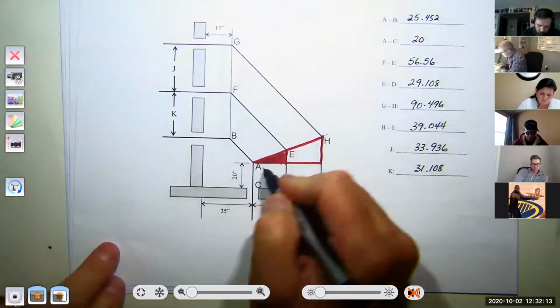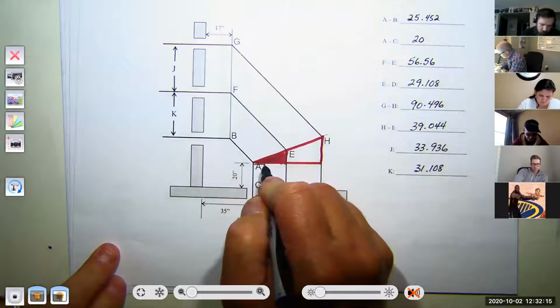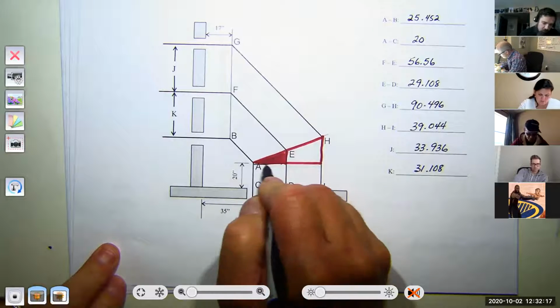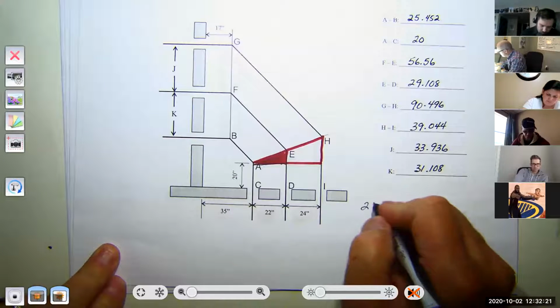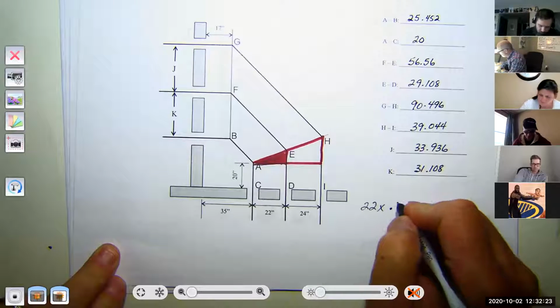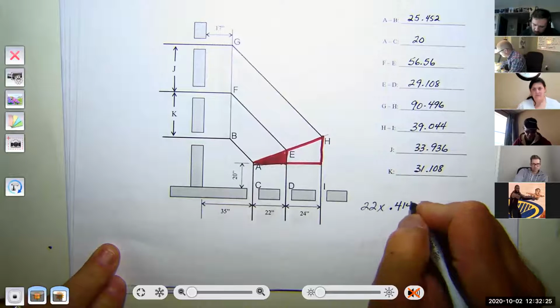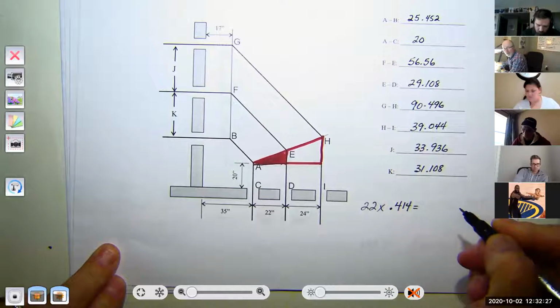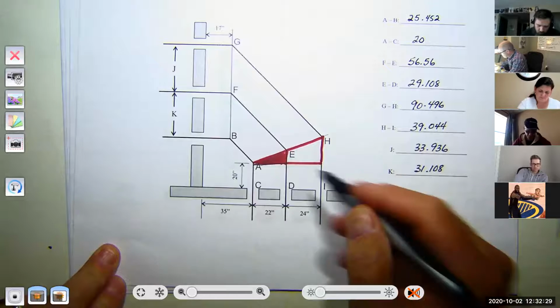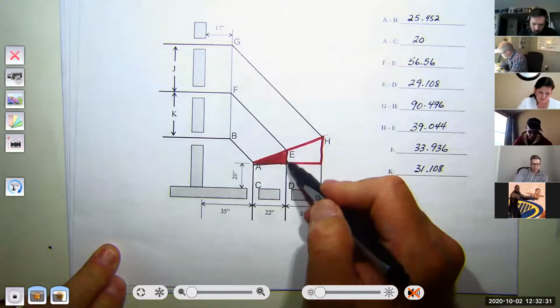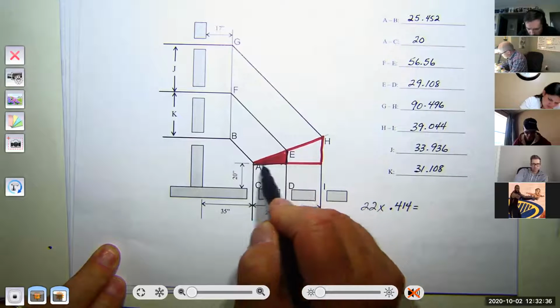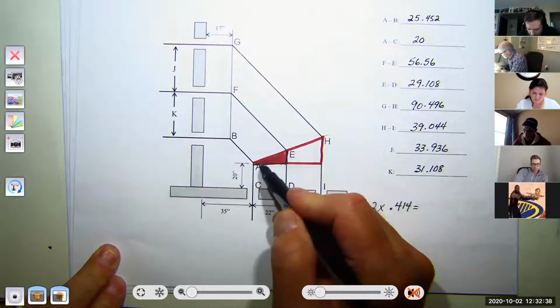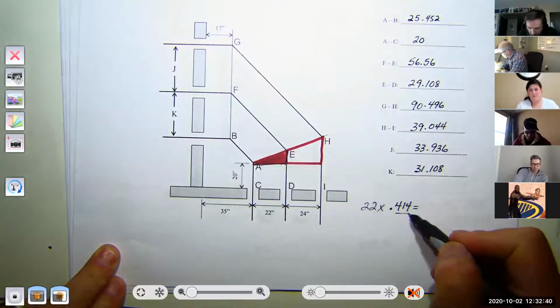Where we take this run right here, 22 times 0.414. Remember, 22.5 degree right angle triangle. I just wanted this side right here. So we multiply the run by the tangent of that 22.5, which is 0.414.